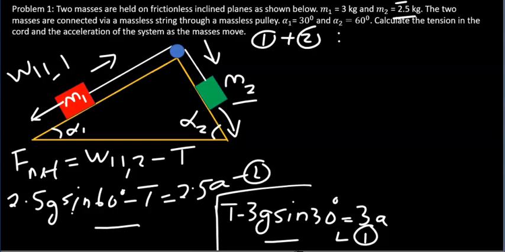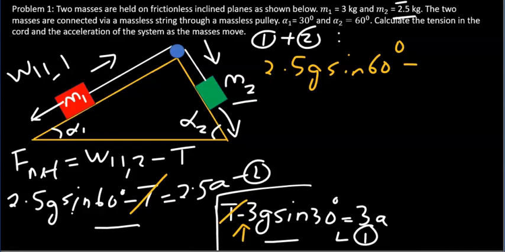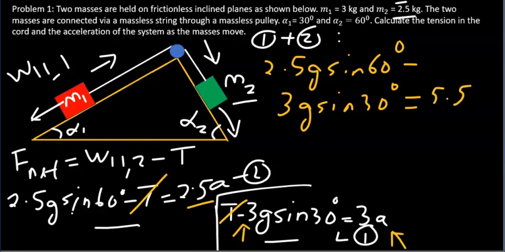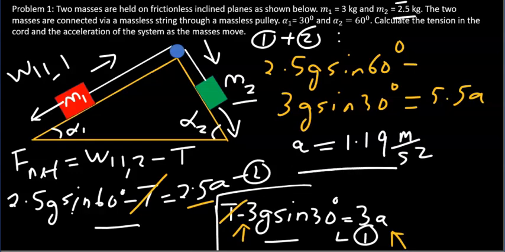When you add the two equations up, you will see the tension goes away and the first term simply becomes 2.5 g sine 60 minus, because there's some minus here, 3g sine 30 equals the right hand side, 2.5a plus 3a is 5.5a, which will give you the answer for a as 1.19 meters per second squared. So that is the acceleration of the system.